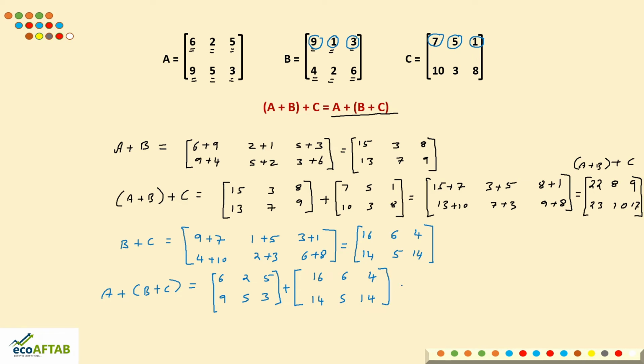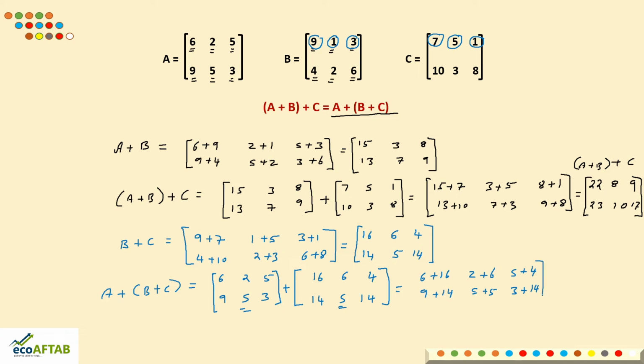So what will we get next is 6 plus 16, 2 plus 6, 5 plus 4. Similarly, 9 plus 14, 5 plus 5, and lastly 3 plus 14.